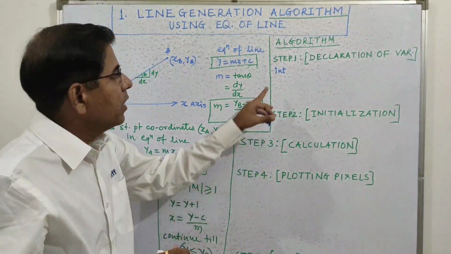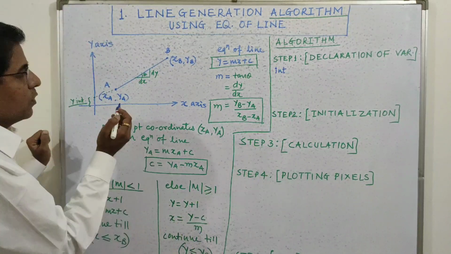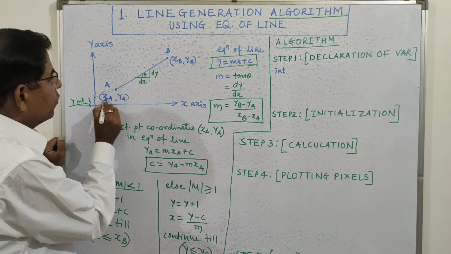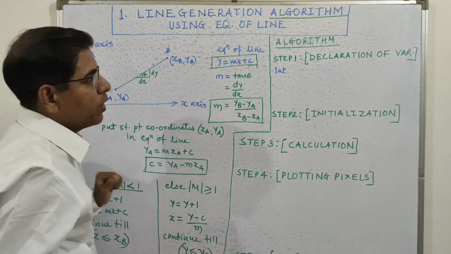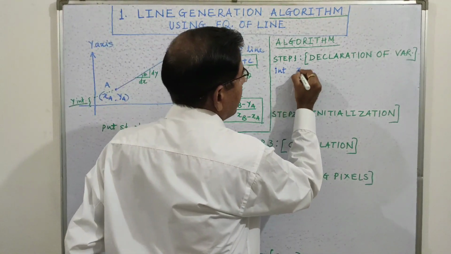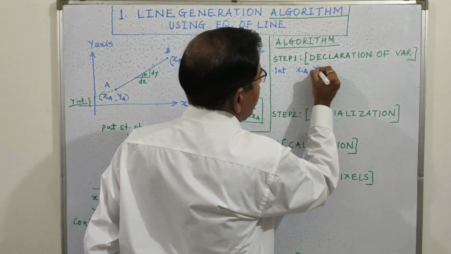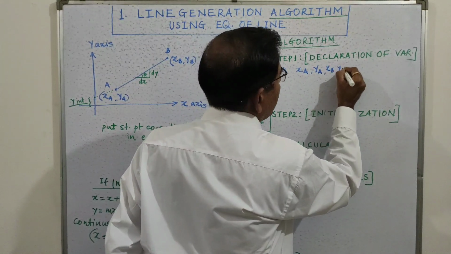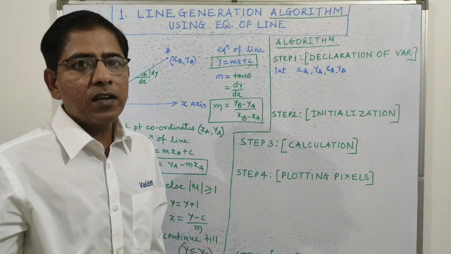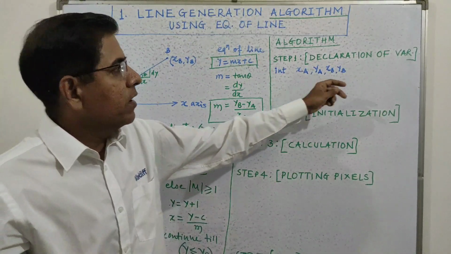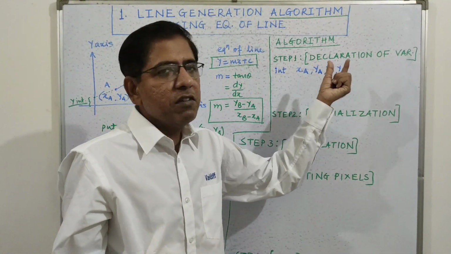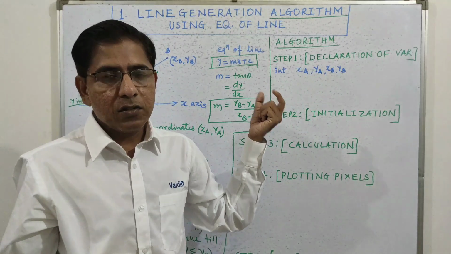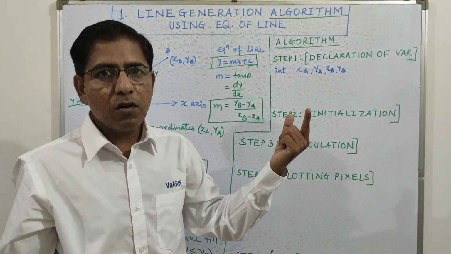So integer, first we'll take the endpoint coordinates xa, ya, xb, yb. These are the start point or end point coordinates of a line.